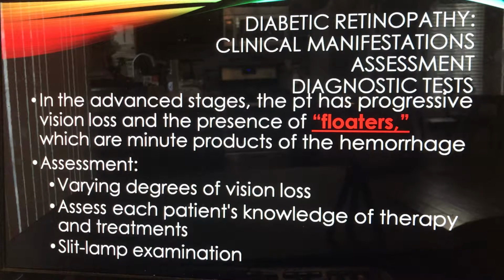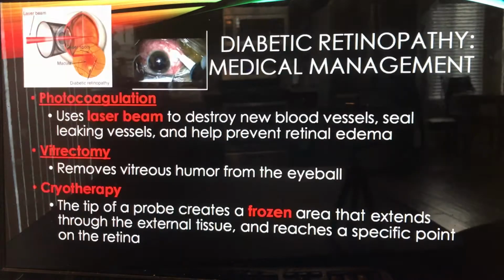In the advanced stages, the patient has progressive vision loss and the presence of floaters, which are minute products of the hemorrhage. For assessment, note varying degrees of vision loss, assess each patient's knowledge of therapy and treatments, and they can also do the slit lamp examination.